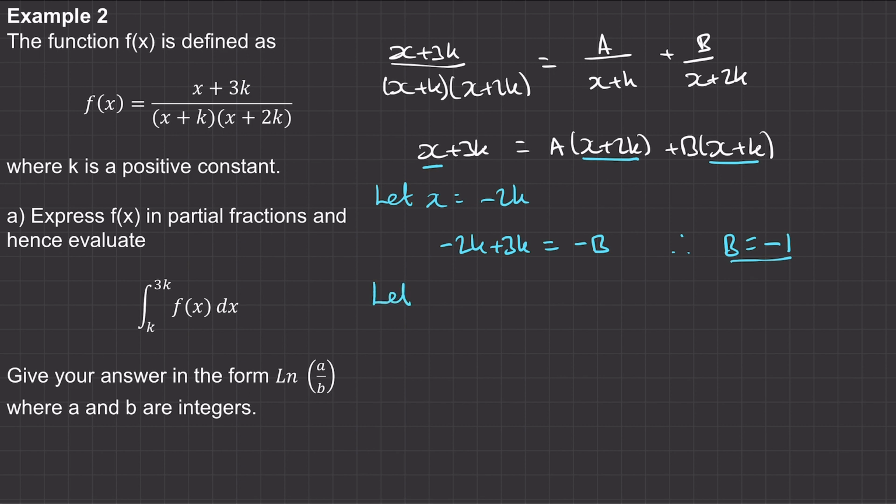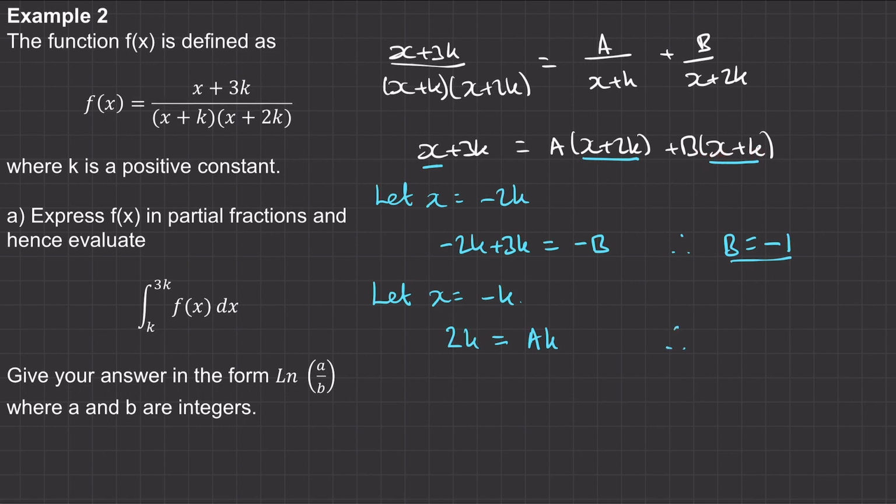Then we'll let x equal minus k. So now we've got minus k plus 3k, so 2k. And this is equal to minus k plus 2k, which is k, so ak. And then this will cancel.